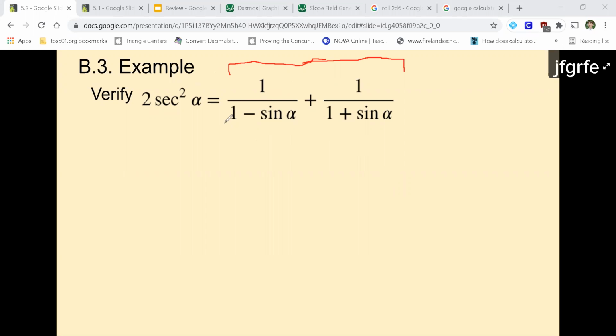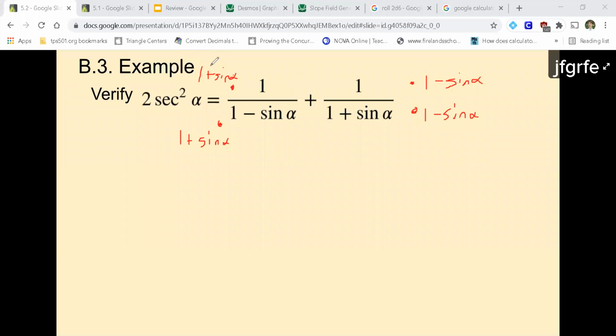So to get a common denominator, I will multiply this one by 1 plus sine, and the other fraction, top and bottom, by 1 minus sine. The nice thing about this, though, is 1 plus sine and 1 minus sine are conjugates. So they actually multiply really nicely.